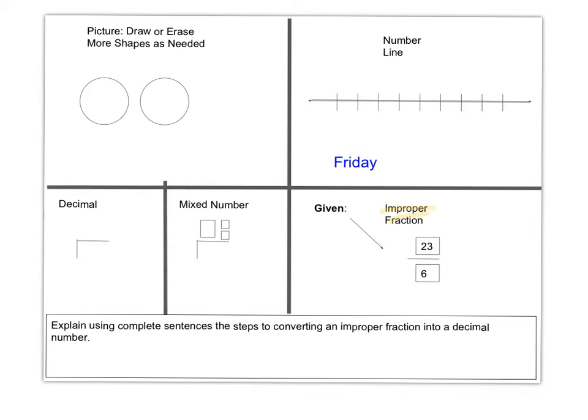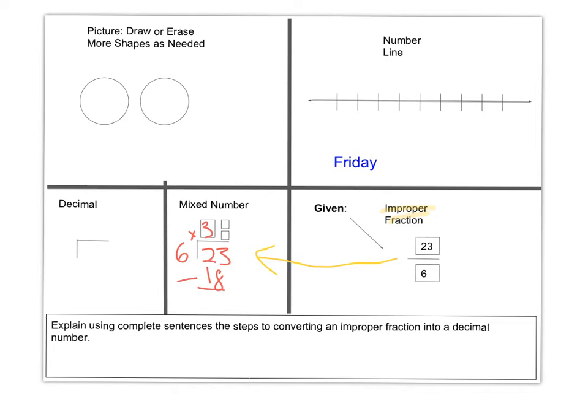and we will begin. So from your improper fraction, you're always going to put the numerator inside of the division house, and you're going to put the denominator on the outside. Now, 6 fits inside of 23 3 times. 6 times 3 is 18.